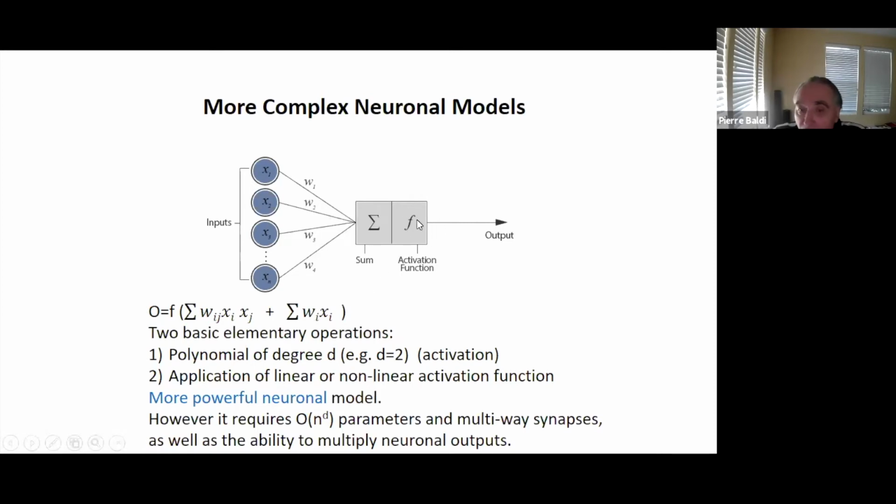And then you still have your nonlinear activation function and you produce the output. So the complexity now occurs in this activation. What you have now is the ability of taking terms which combine different inputs, xi, xj, take their product and multiply them by a two-way synaptic weight, if you want.